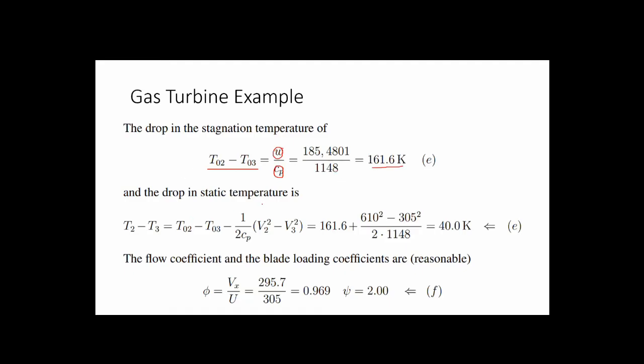And the drop in static temperature, T2 minus T3, is equal to T02 minus T03 minus 1 over 2 Cp times V2 squared minus V3 squared. We just need to plug in V2, V3, and Cp inside this equation.